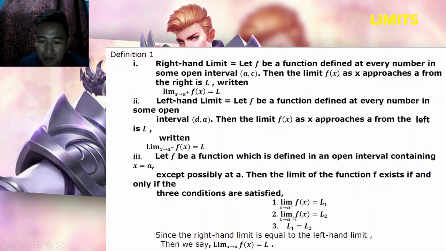So dapat kanang mga limit class na as x approaches a plus and as x approaches a negative, dapat equal silang duha class. So since the right hand limit is equal to the left hand limit, then we say that ang limit na din class ni f of x as x approaches a is equal to L. Katong a class nga wala na plus wala na minus. Okay.